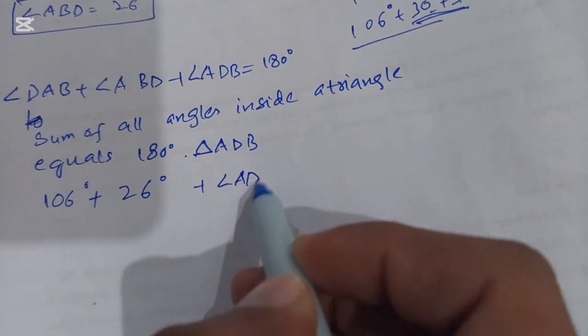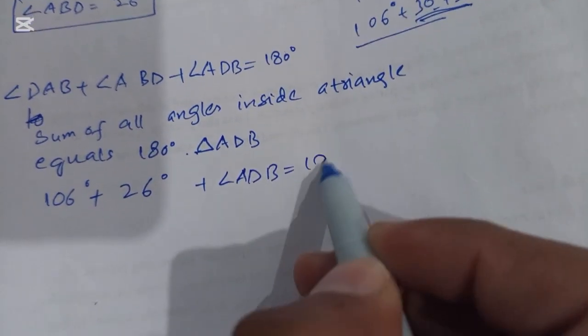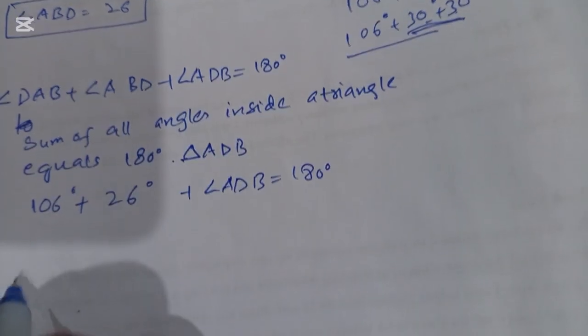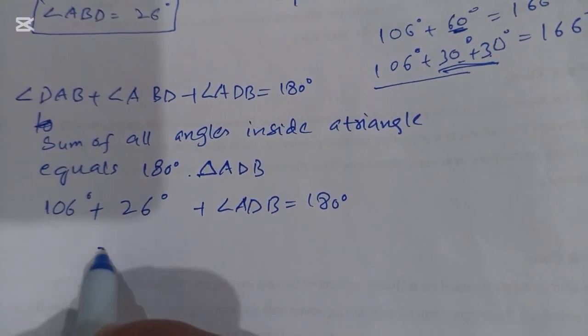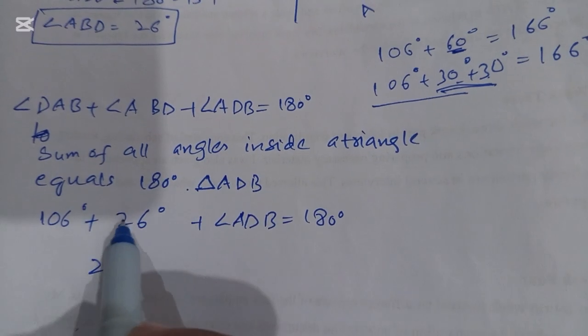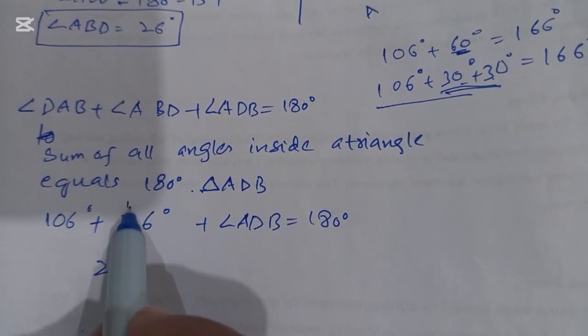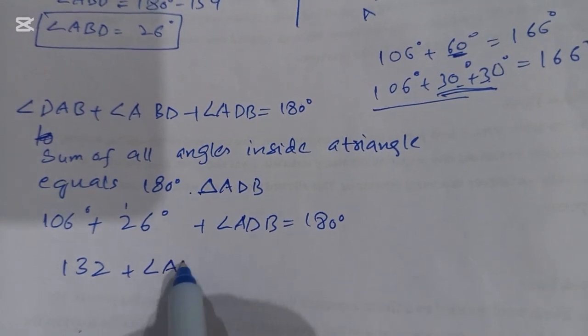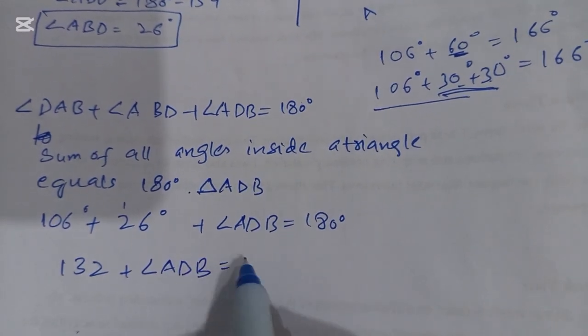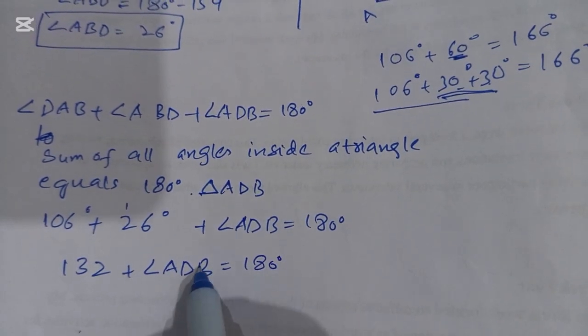Angle ADB equals 180 degrees. So now adding these both up, 106 plus 26 degrees, it will equal 132, plus angle ADB. Now it equals 180 degrees, right?